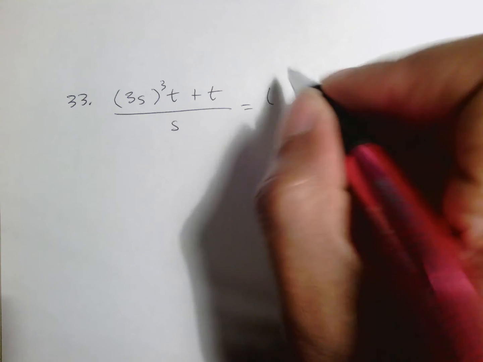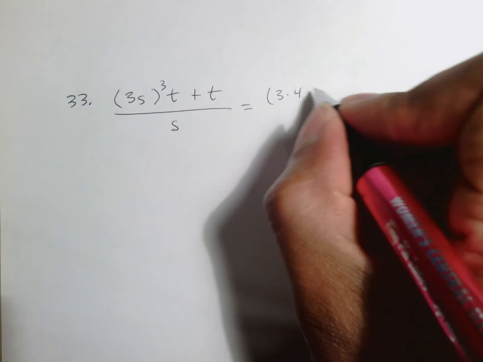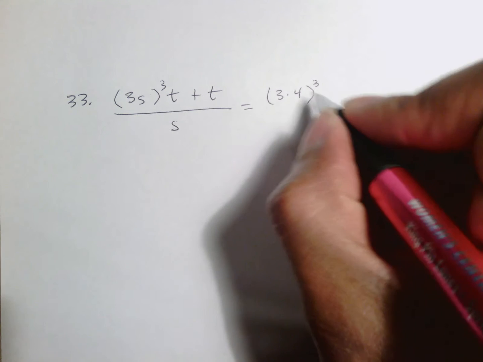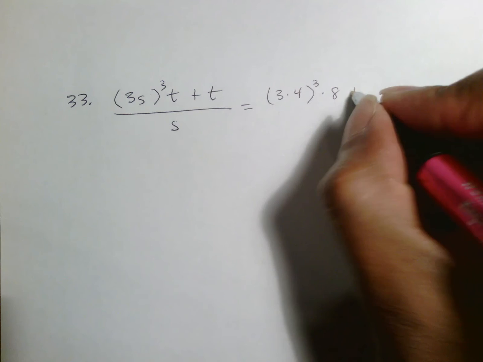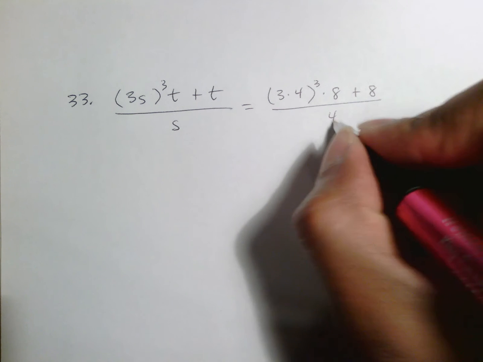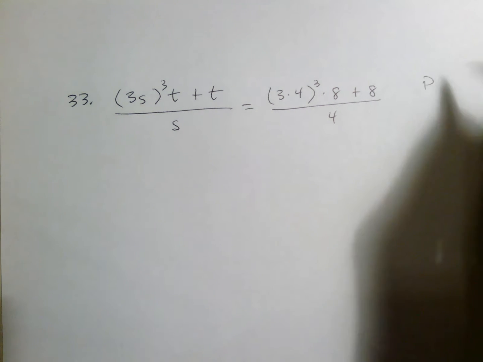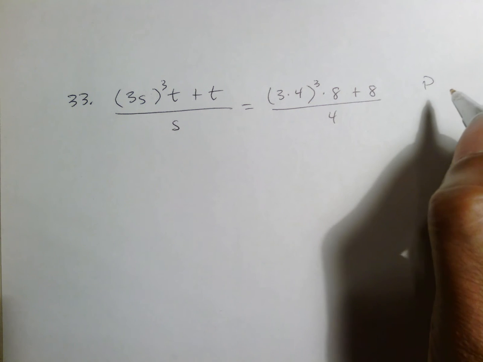So 3 in parentheses times 4, which is what s turns into, to the third, times t, so times 8, and then plus t, which means plus 8, all over s, which is 4. This is just to test your ability to be organized, so take your time. We are on the P portion, which is parentheses, and if there are any parentheses that need to be simplified, we need to do it.